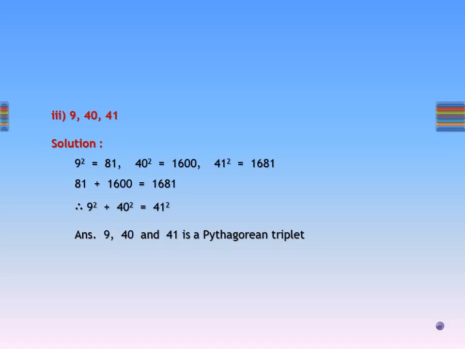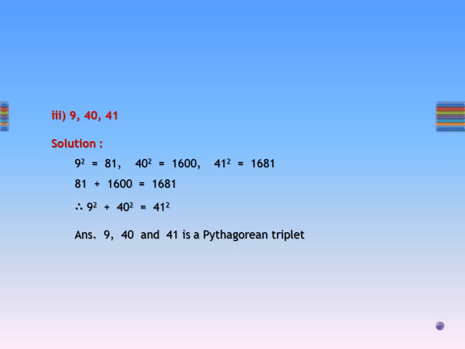9, 40 and 41. Now let us check whether these three numbers form a Pythagorean triplet. So let us take the square of all the three numbers. 9 square is equal to 81, 40 square is 1600, 41 square is 1681. Among the three numbers, 41 is the biggest number and square of 41 is 1681.